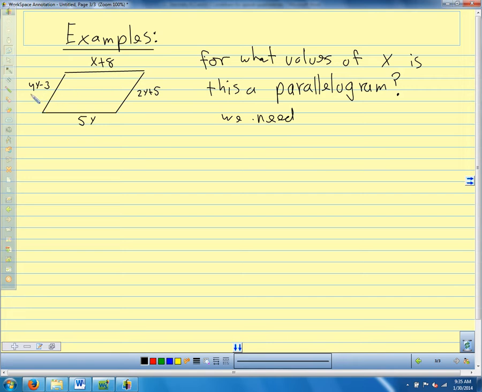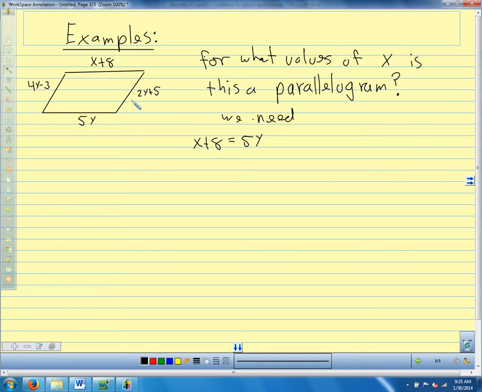So what we need is x plus 8 equal to 5y. Those two opposite sides have to be congruent, same measure.